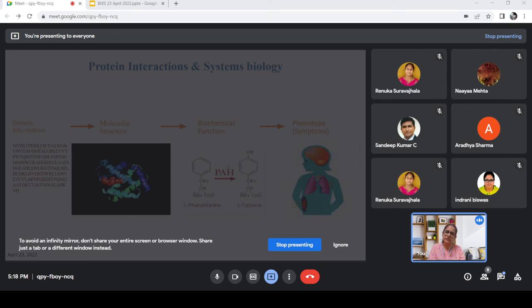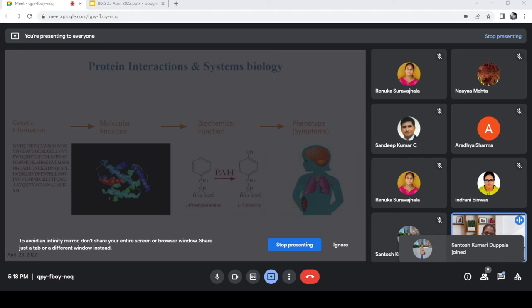In our fifth module, we will be learning about protein interactions and system biology. So far, we have information in terms of genes, in terms of molecular structure, in terms of proteins, and we also have different biochemical functions. We have different metabolites that are also produced along with proteins that help in the proper functioning of the phenotype.